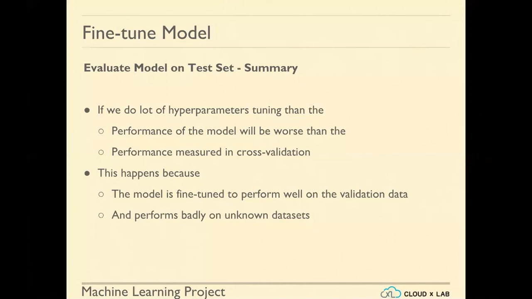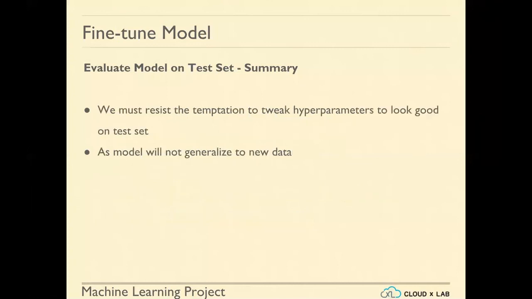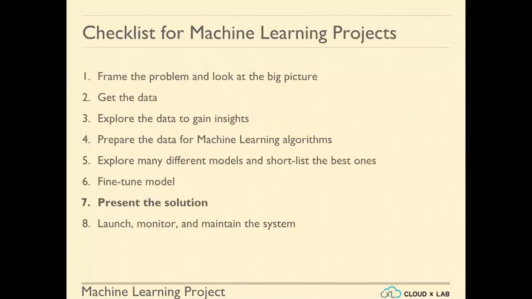We must resist the temptation to tweak hyperparameters to look good on the test set, as the model must generalize well, right? Such a model that is so tweaked to fit the test data is the equivalent of overfitting, and may not give a great outcome.